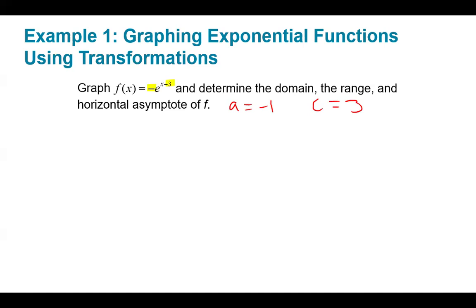Liars. Even though it looks like it's a negative, it's actually a positive. Okay. What is that -1 telling me? It's going to reflect. So it's a reflection over the x-axis. And that 3 is telling me what?